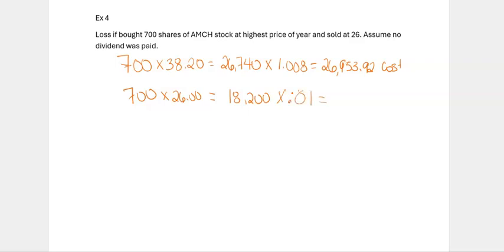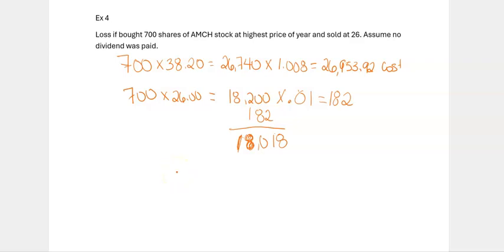And when I multiply $18,200 by 0.01, I get $182. So I have to subtract $182 from $18,200. When I do that, I get $18,018. So that's how much money I got back from my stocks, $18,018.